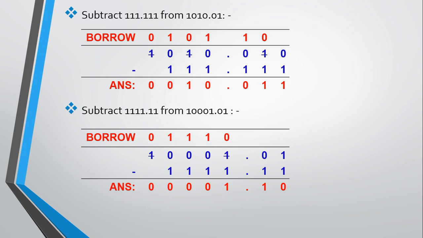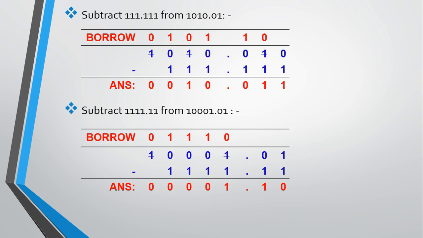Now see, don't get confused when you perform binary subtraction. Why? Because let me repeat what you need to do. When there is a situation where you want to perform 0 minus 1, at that time you just need to put 1 as an answer, and you need to borrow value from the highest order.